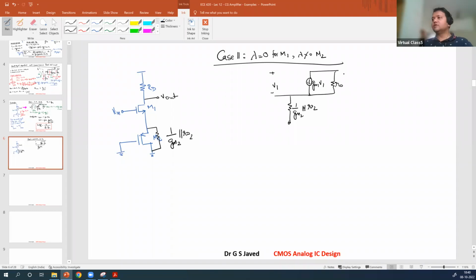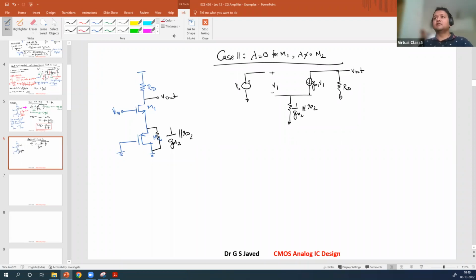You will have no RO here for the main device. Channel length modulation is 0 there. Here you will have RD. V out. V in is applied. So this is your small signal equivalent.